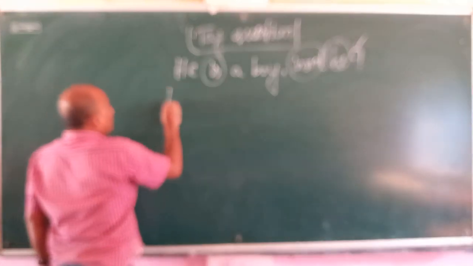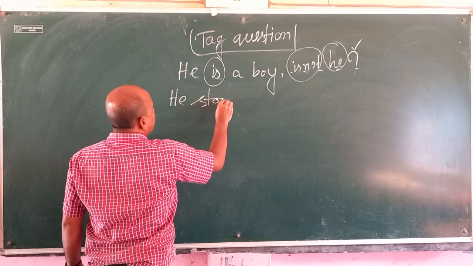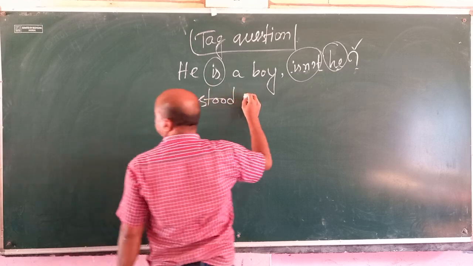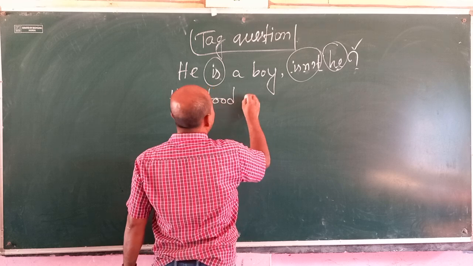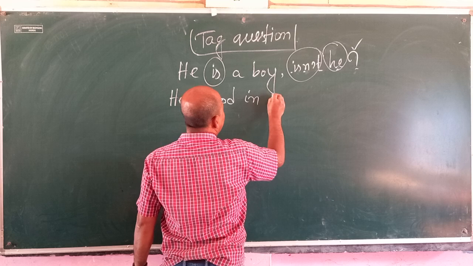The second rule, if you see that there is no auxiliary verb in the sentence. Another example for a tag question: he stood in a line.